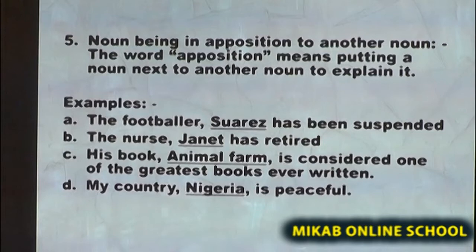Having listened to me from the beginning of the lesson to the end of this lesson, I believe you have an idea of how a noun can function in a sentence.